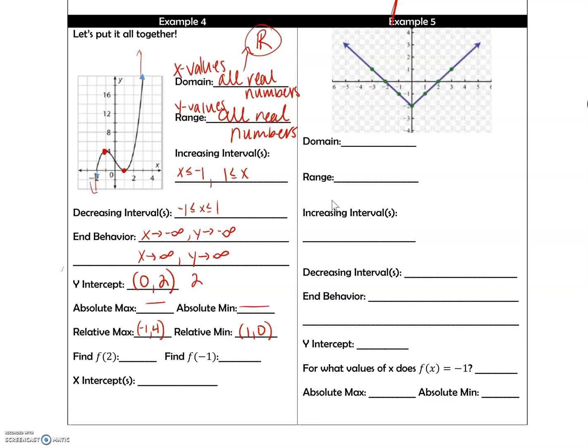To evaluate a function at a given value, so f of 2, we want the x value of 2. So at an x value of 2, our graph equals 4. At an x value of negative 1, our graph also equals 4.